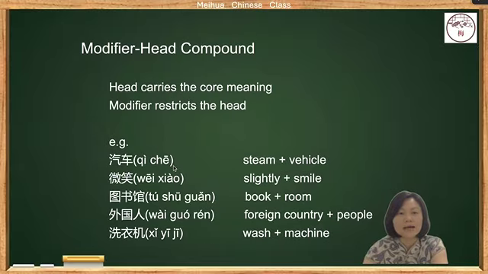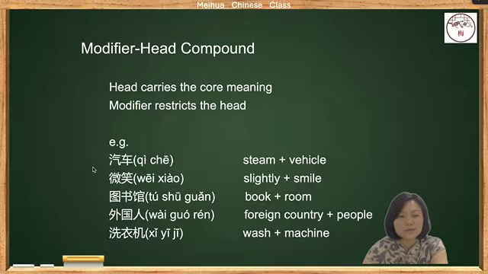The second type is modifier head compound. The definition for this type is the head carries the core meaning and the modifier restricts the head. And also, the modifier usually comes before the head.